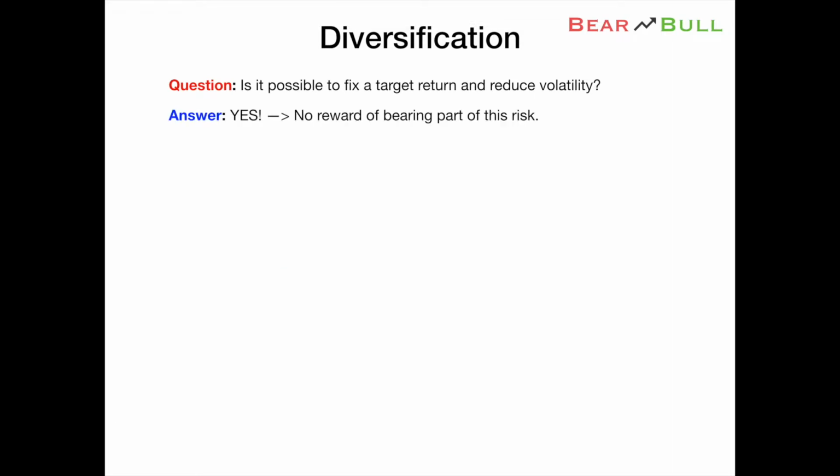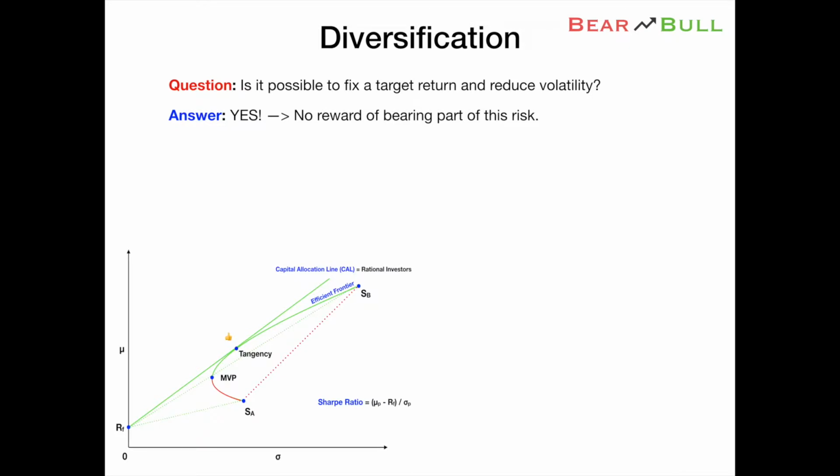In the two risky asset example, we saw that by mixing stock A with stock B, we were able to generate portfolios all along this hyperbola curve here, including the minimum variance portfolio, which has a much lower volatility than either stock A or stock B. We were also able to pick a portfolio at this point of the curve, called the tangency portfolio, and mix it with the risk-free asset to create portfolios all along the capital allocation line.